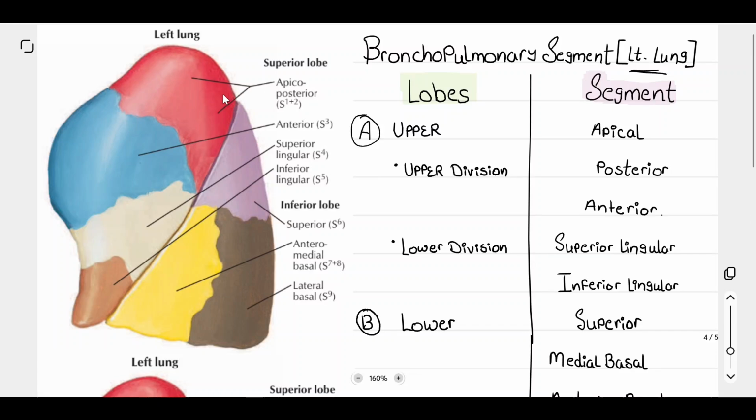So here this is our lateral view of left lung. Here I have apico-posterior, which is apical and posterior segment, anterior segment, superior lingular, inferior lingular. So this is my upper division and this is my lower division.